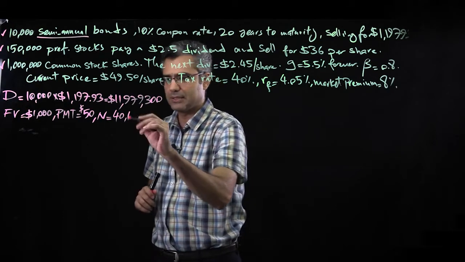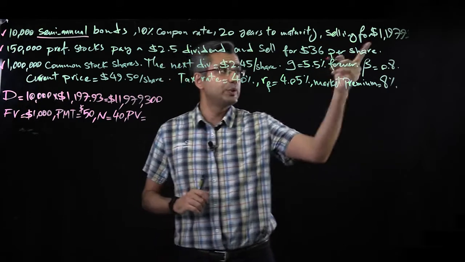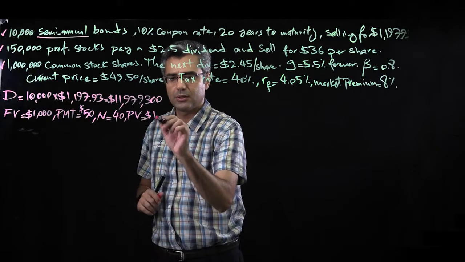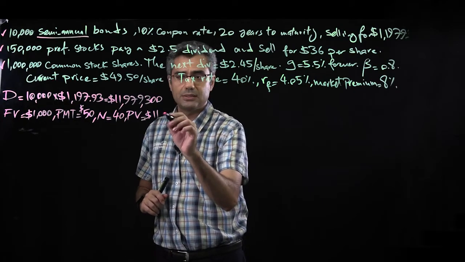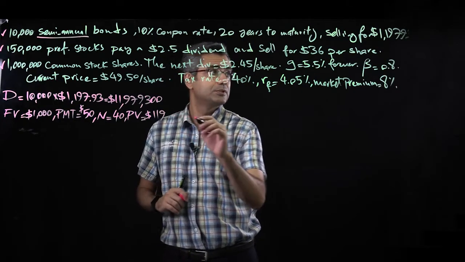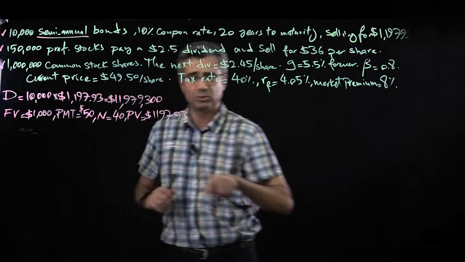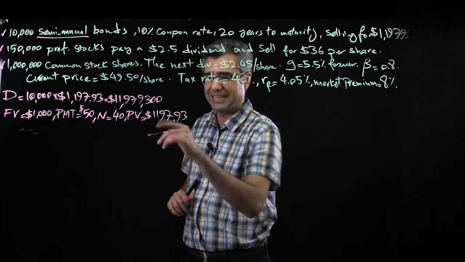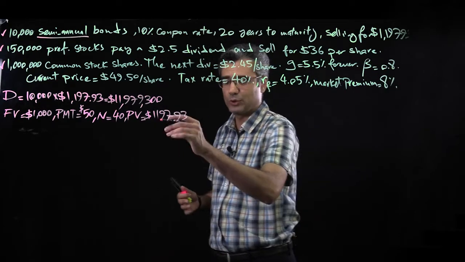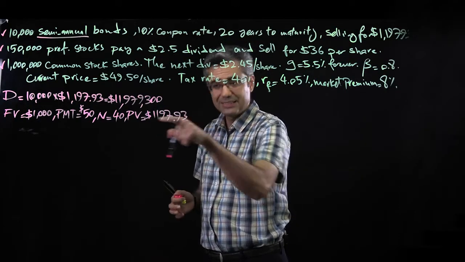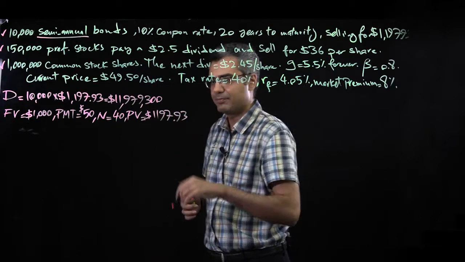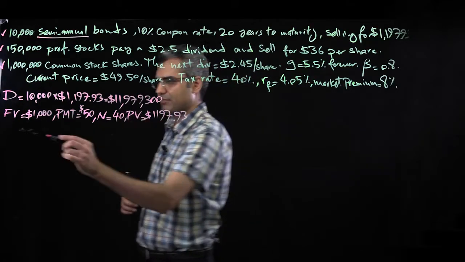Then the next one is the price of the bond, which is given to you here, $1,197.93. When you key it into the calculator, PV must be negative, otherwise you will get an error.